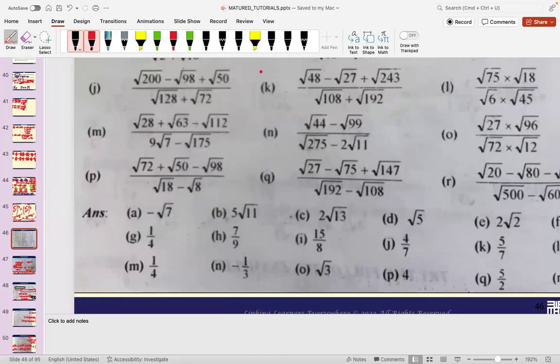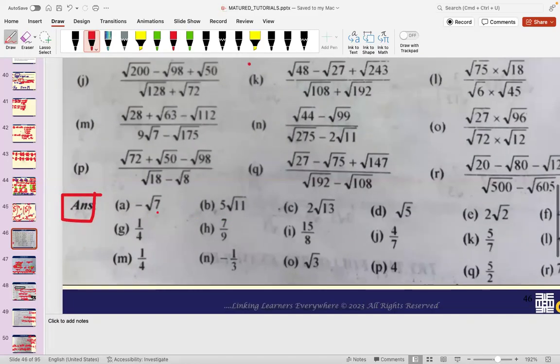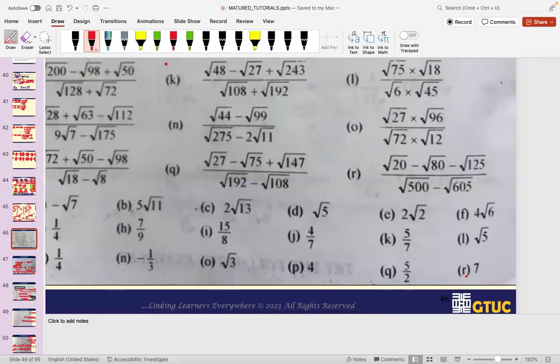Look at the answers. All the answers are here. So when we work, we check with the answer to be sure that we are correct. So the questions run from A up to R. Let's do as many as possible before our time is up. We have about 40 minutes, and I know the 40 minutes we can use to work a lot.